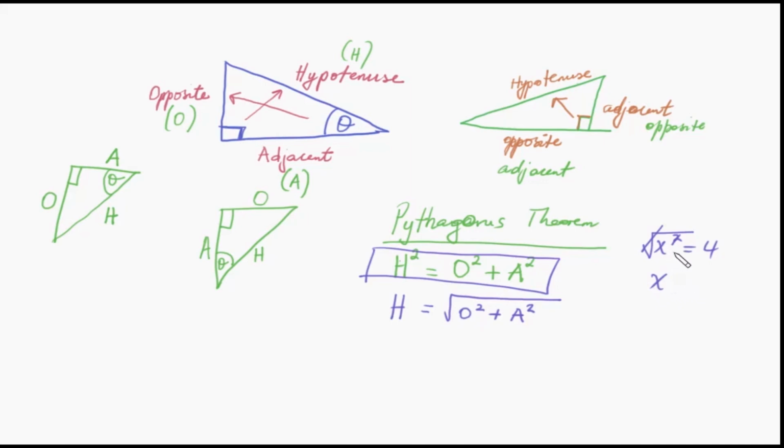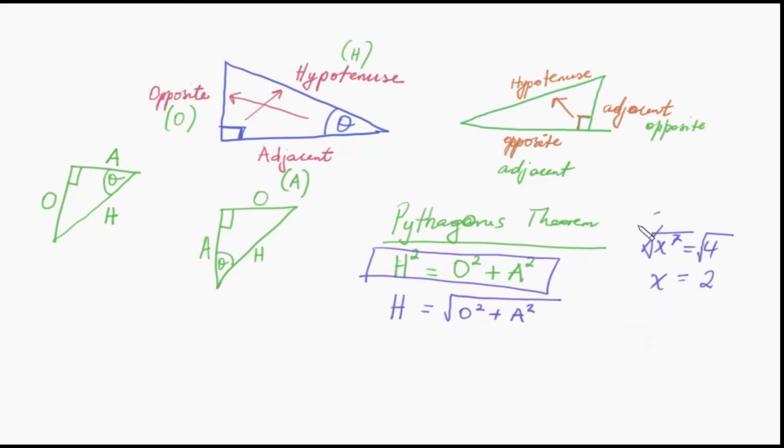So the rule says if this is an equation, what you do on the left hand side, you must also do on the right hand side. That is why when we square root this left hand side to remove the square, we square root the right hand side to balance our equation. So now our x will be the square root of 4, which is 2.